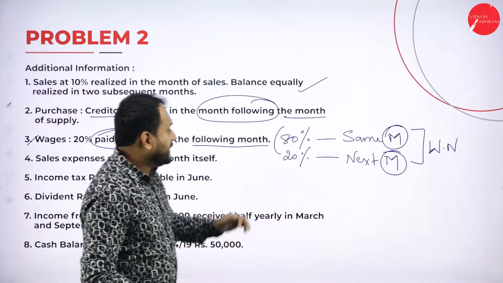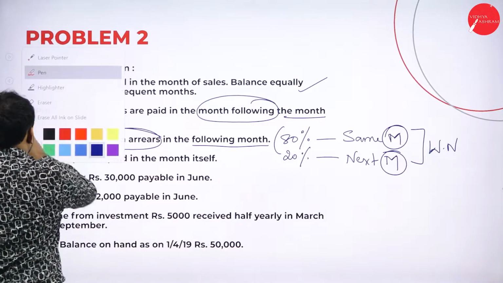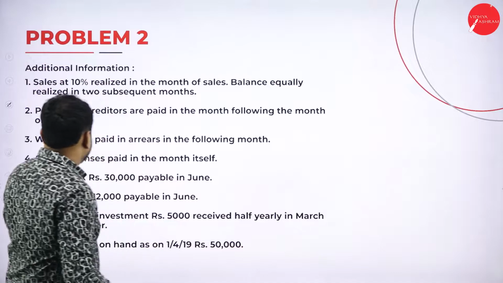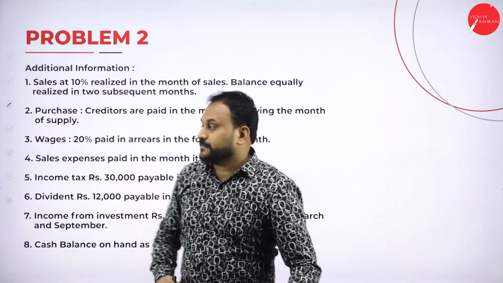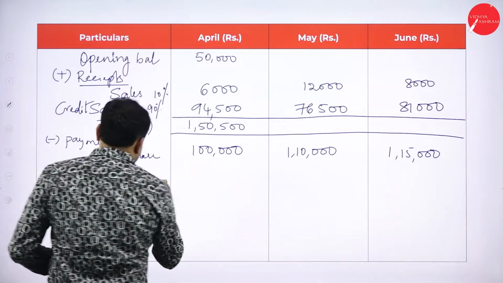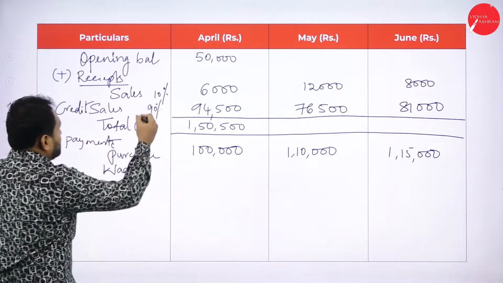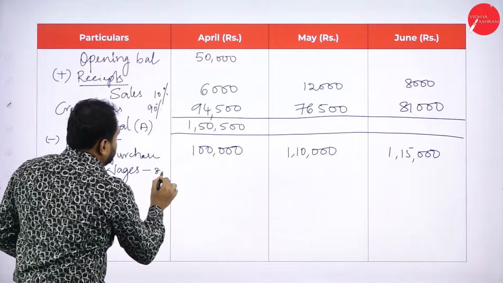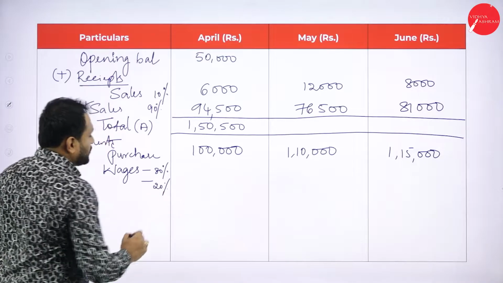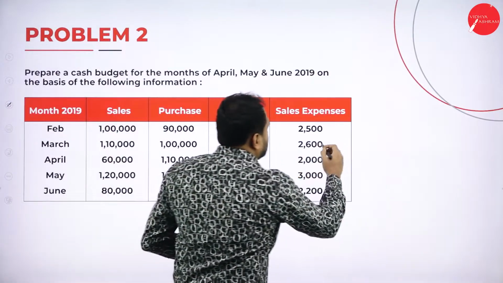I'll show you the working note here itself so that you people will be able to understand. Let's delete everything. Let's go with the working note of wages, that is 20%. There will be two entries here just like your sales. One is 80%, another is 20%.